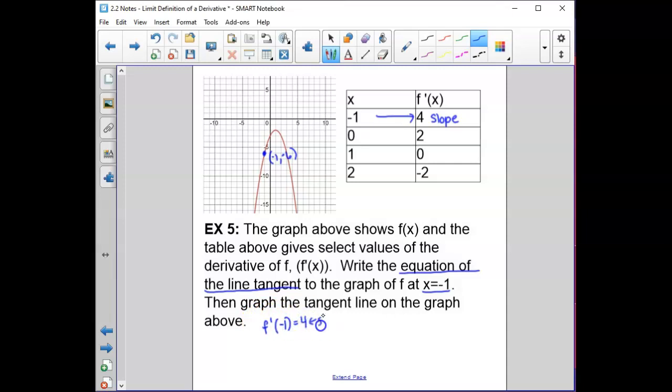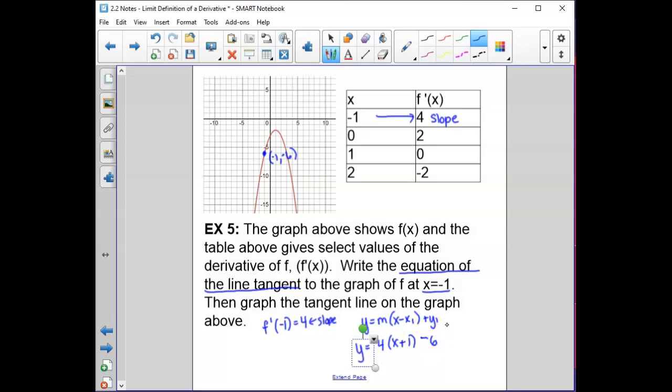So we just have to use the point slope formula, y equals m times x minus x1 plus y1. Using that, y equals 4 times x minus -1, which becomes plus 1, plus -6, which is -6 here. And so this is my answer.